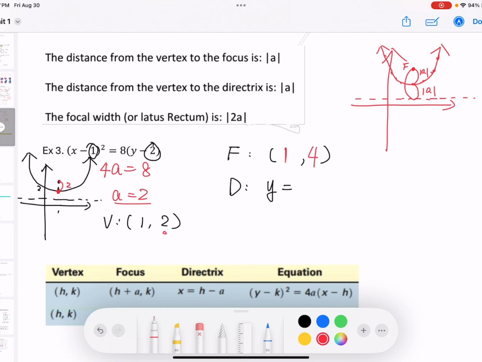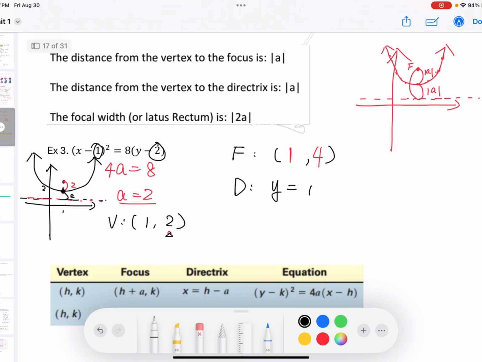The focus is 1 comma 4. And then y equals what? This horizontal line only has a y value. From my vertex, go down 2 units. Based on my y value 2, I'm having 2 minus a, which is 0.